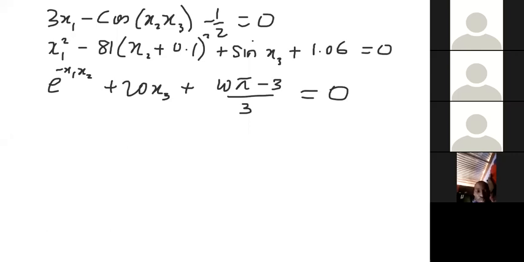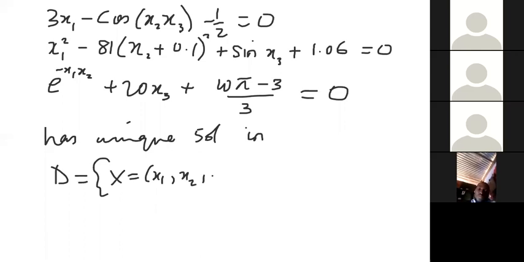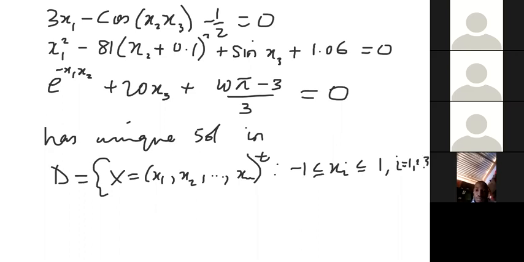We have been told that this system has a unique solution in D, given by capital X equal to (x1, x2, ..., xn) transpose such that -1 is less than or equal to xi less than or equal to 1, and of course i is equal to 1, 2, and 3.